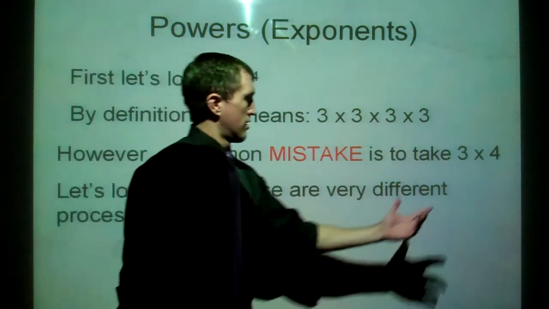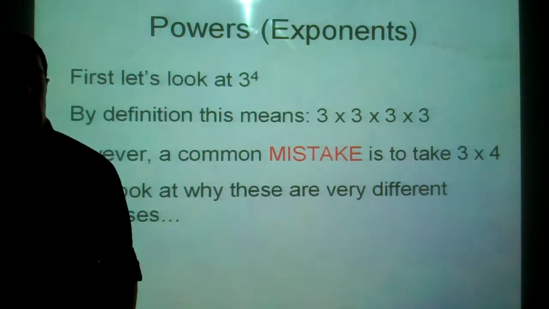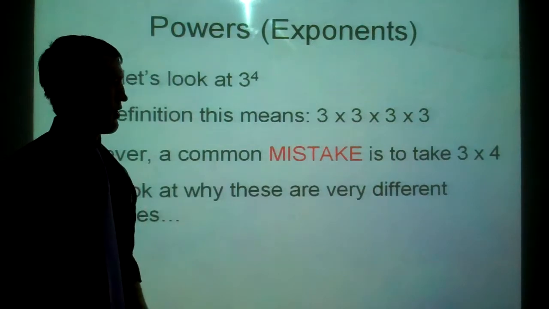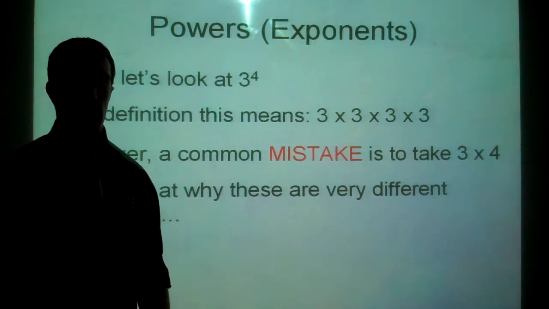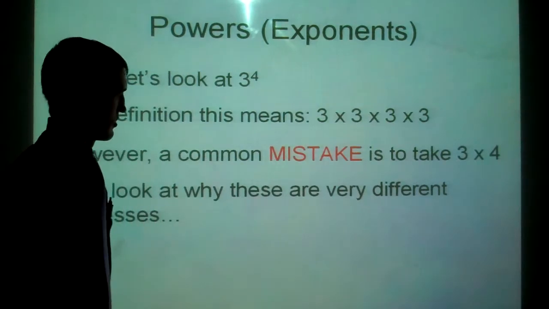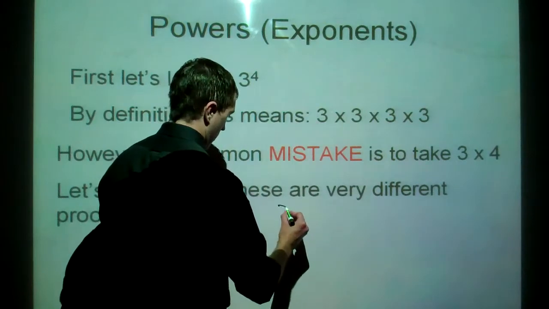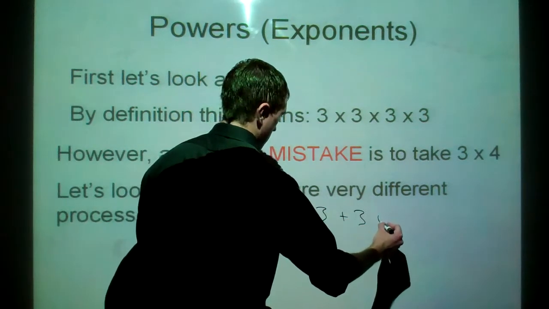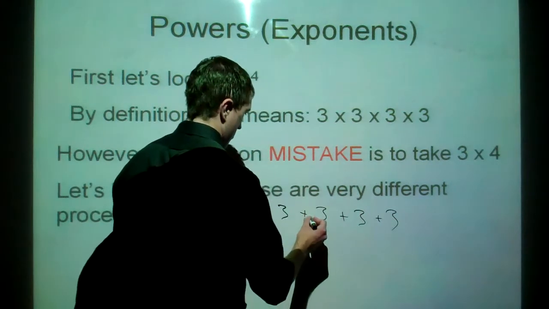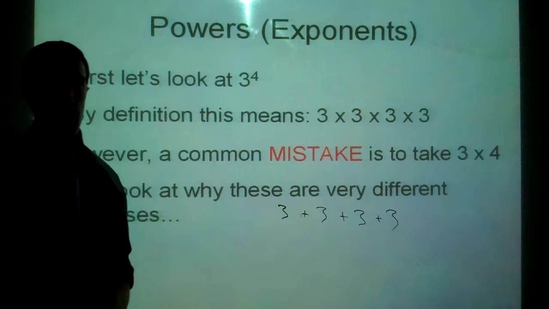Now, what does 3 times 4 actually mean? Well, we know that it's 12. 3 times 4 is 12. But what does it actually mean? Well, sometimes we overlook what multiplication actually is. But 3 times 4 means we're actually taking 3 plus 3 plus 3 plus 3. Okay? So we're actually adding 4 3's there.